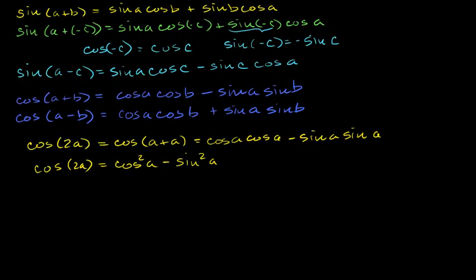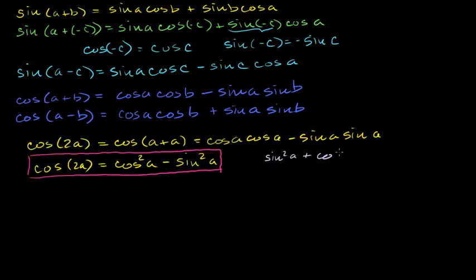Let me box off my identities that we're showing in this video. So I just showed you that one. What if I'm not satisfied? What if I just wanted it in terms of cosines? Well, we could break out the unit circle definition of our trig functions. This is kind of the most fundamental identity, that the sine squared of a plus the cosine squared of a is equal to 1.